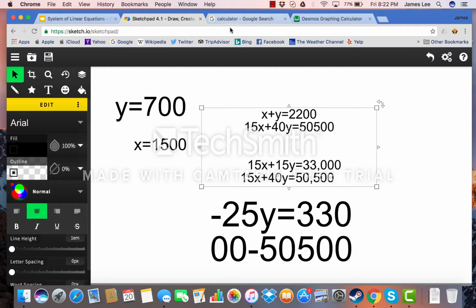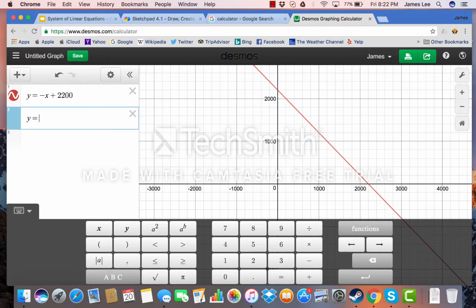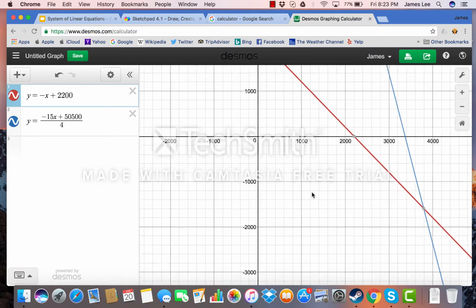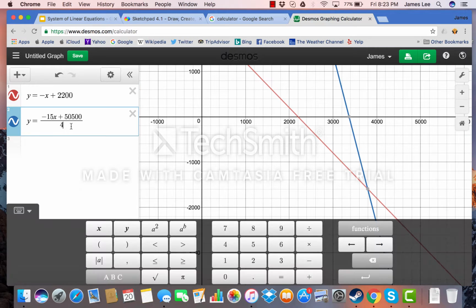So we can do y equals negative 15x plus 50,500, all divided by 40, sorry.